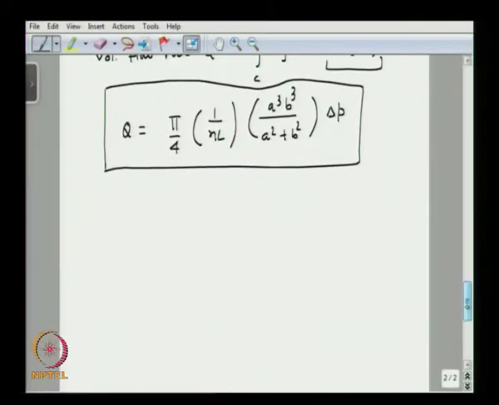Okay. So now we move on to talk about channel of circular cross section, and as you know, circle is a special case of ellipse when the major axis and the minor axis are equal. Okay. So with that, let us talk about flow in circular cross sections.